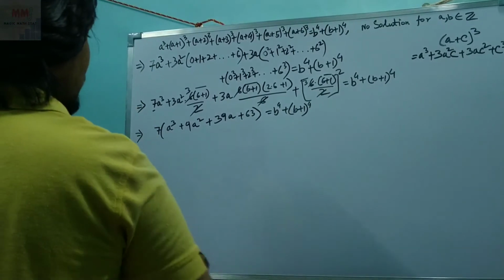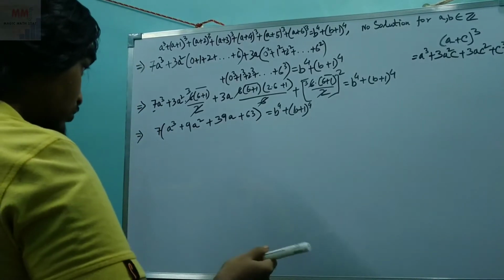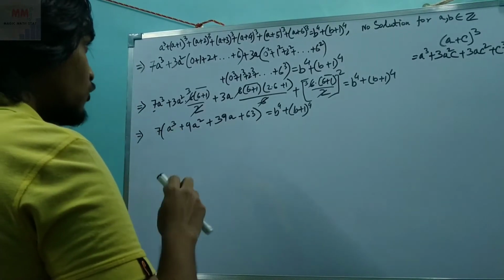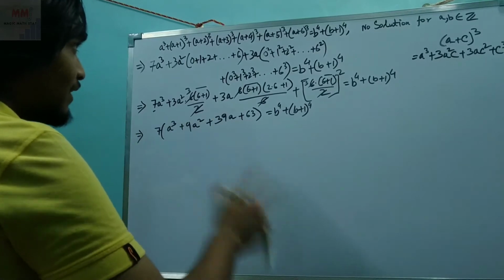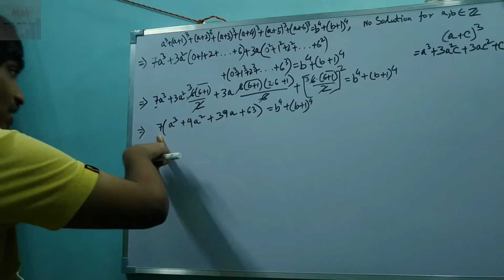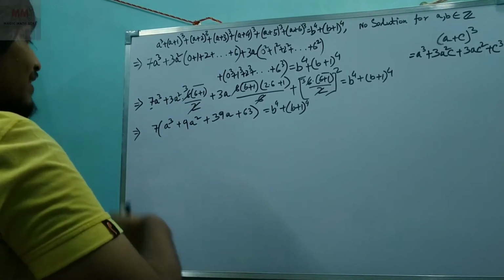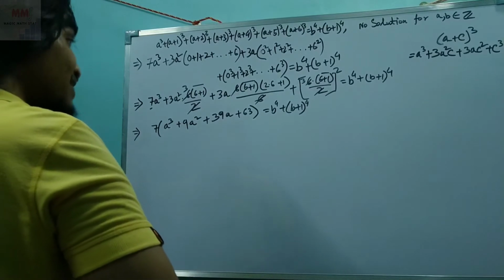Now this step gives us the contradiction we want. How? You remember that we need to find integer solutions for a and b. The left hand side has 7 as a common factor. That means the left hand side is an integer which is divisible by 7.